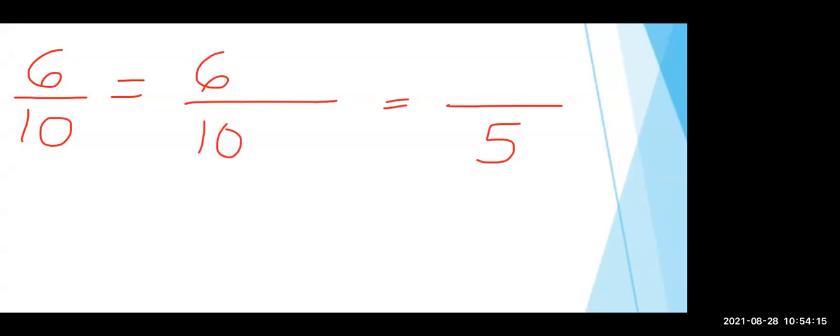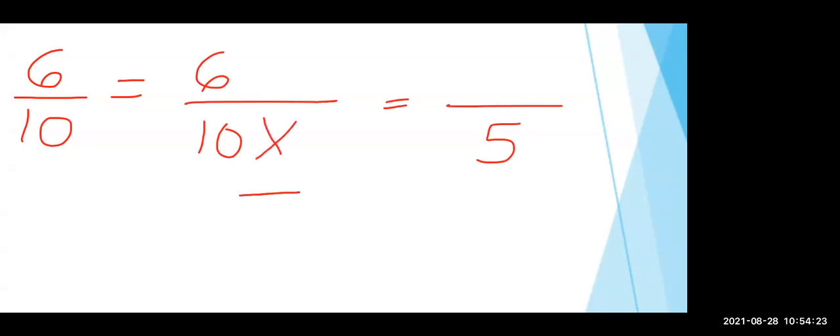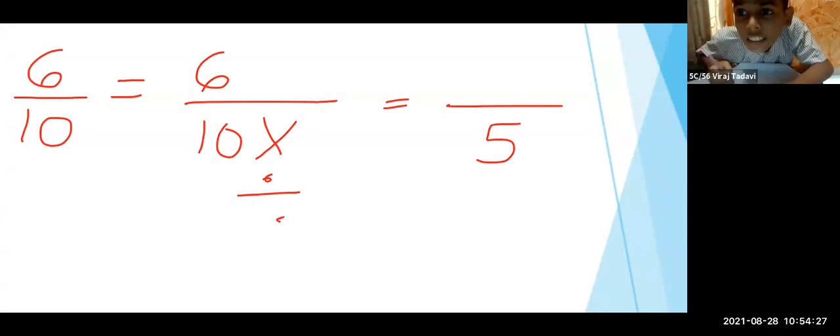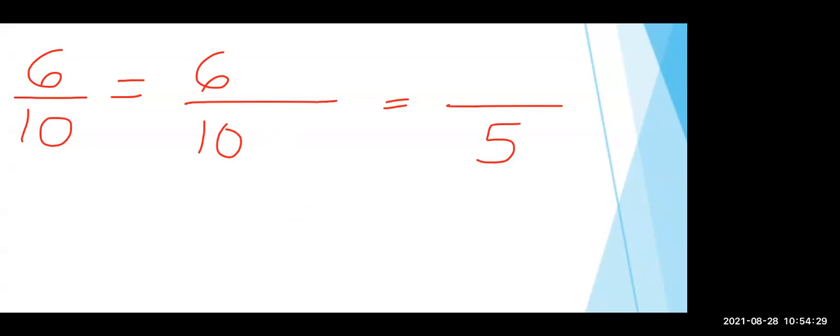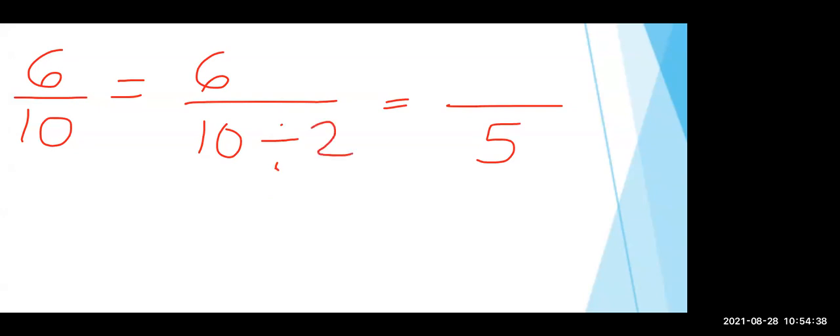Now which table will I use? 2. Very good. So here I will write multiply or division? Division. I will write division over here, by which table? 2. What will I write above with 6? 2.